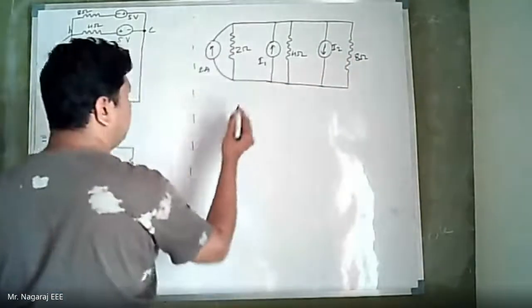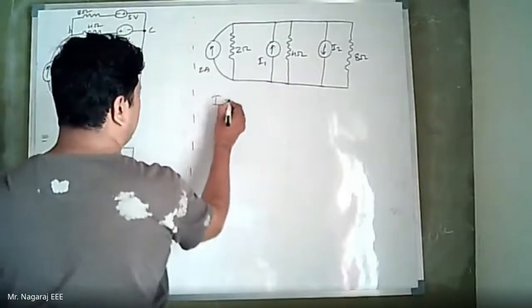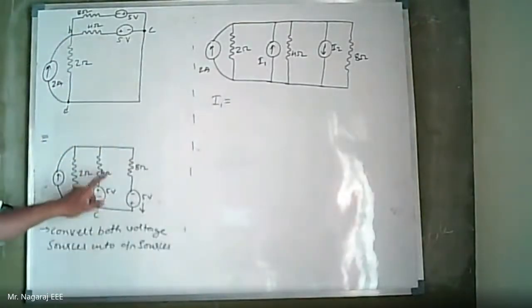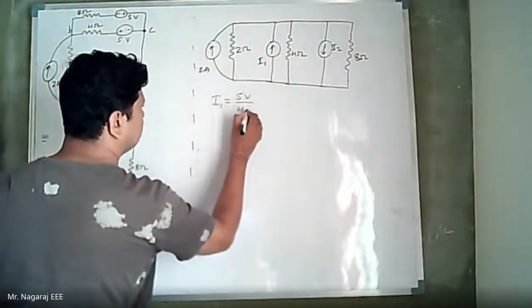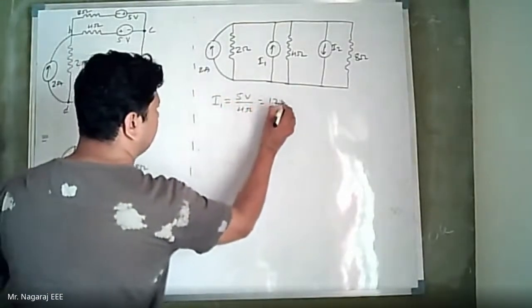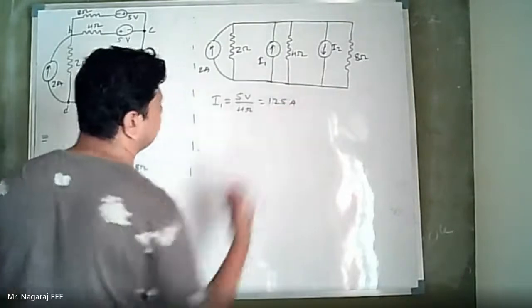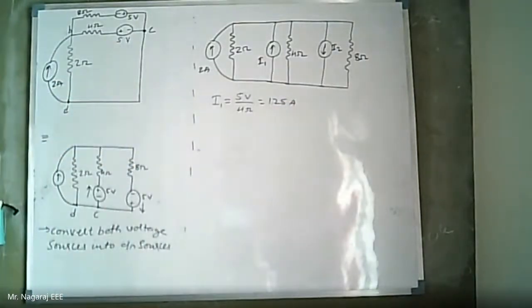Now find out the currents I1 and I2. I1 is equal to 5 volt divided by 4 ohms, 1.25 amperes.